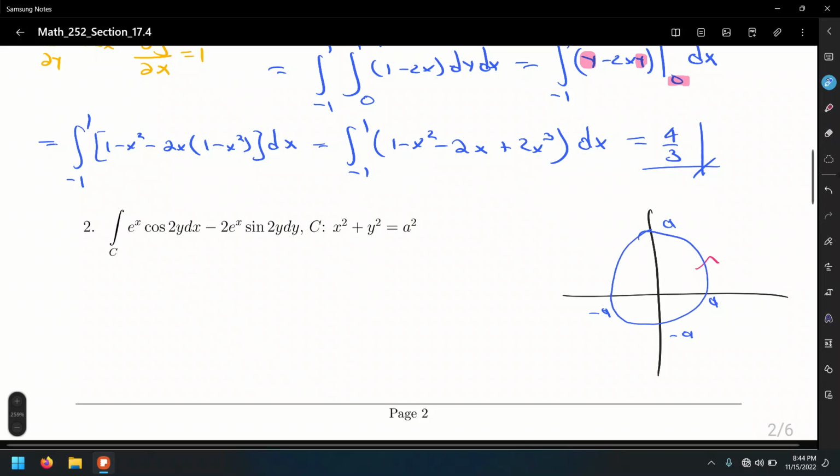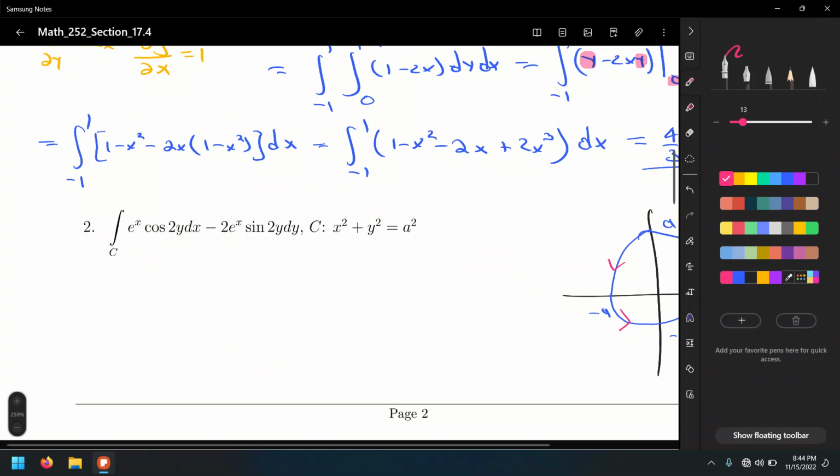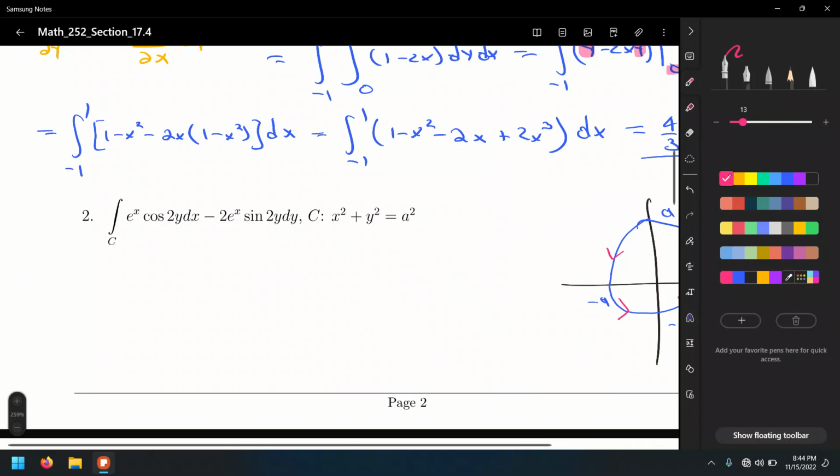Okay, so it's oriented counterclockwise. And in this case, well, let's identify our f and our g, and let's find their partial derivatives.